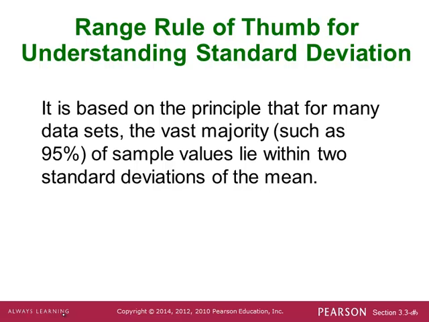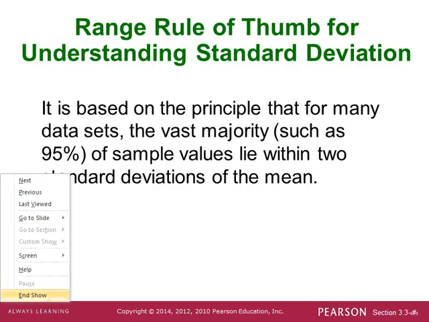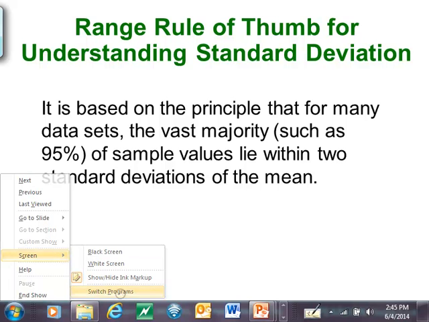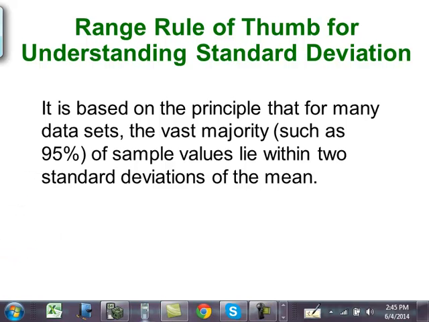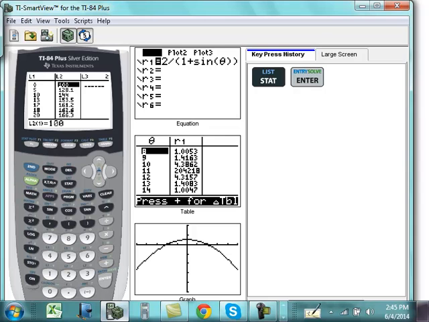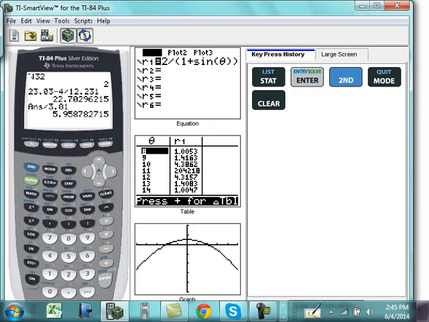Now, I'm going to jump over to my calculator here. I brought my graphing calculator. Now, there are some different ways that you could do this. I'll show you one main way and some different ways in future lectures. I've got a TI-84. Let me just show you.